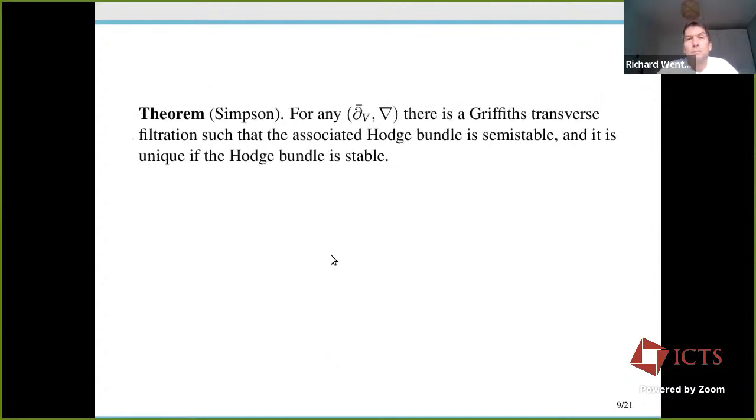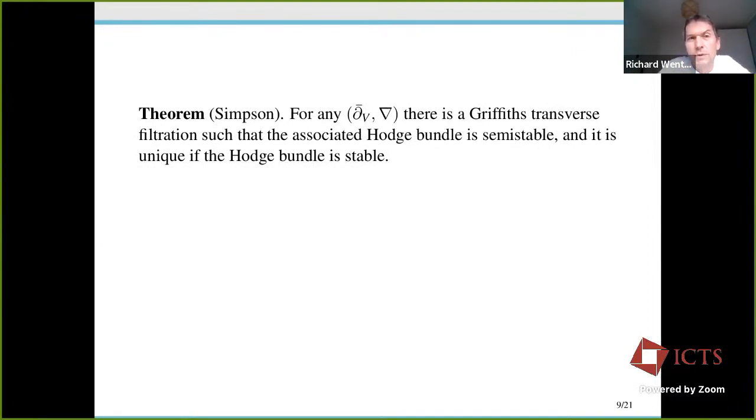Simpson proved that if you have any flat bundle, then there's a Griffiths transverse filtration such that the associated Hodge bundle is semi-stable. Here, of course, we're interested in the case where it's stable. Again, let me not worry too much about those subtleties right now. In any case, this filtration is essentially unique.